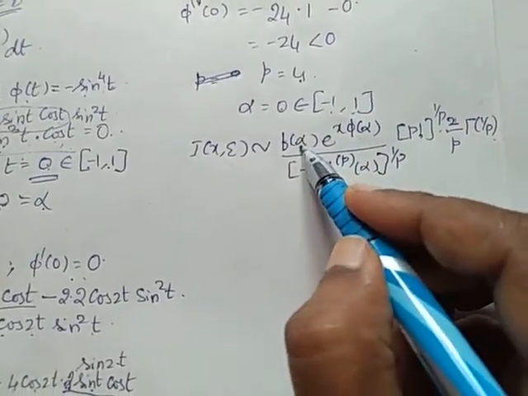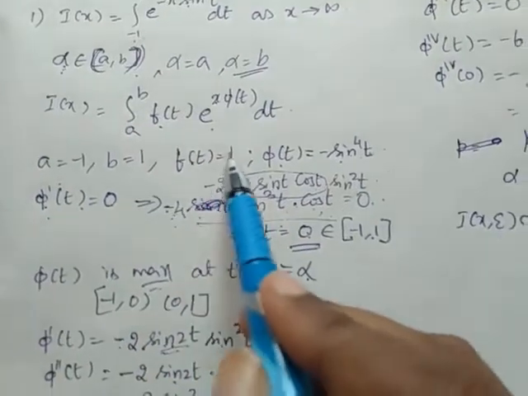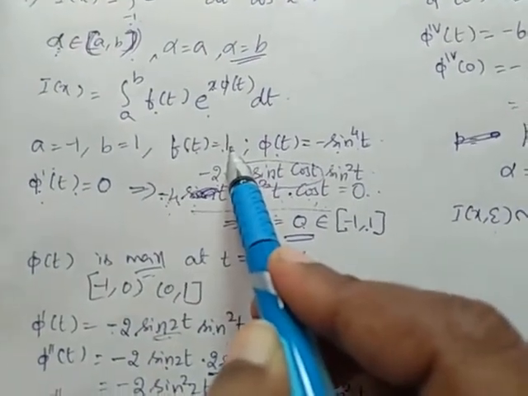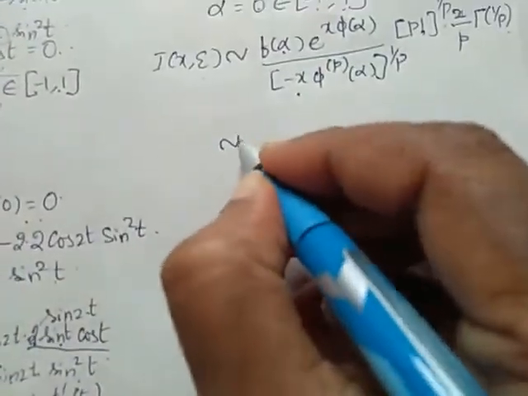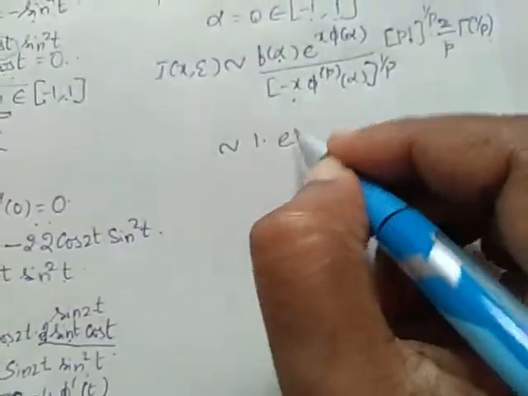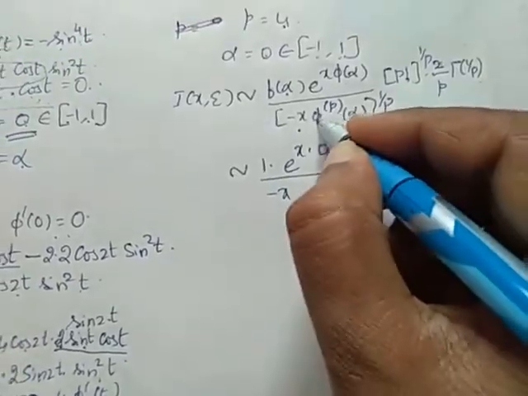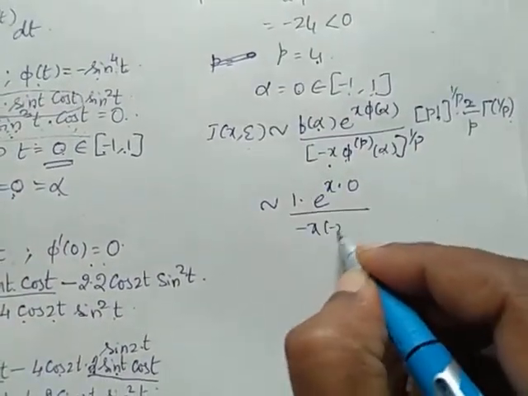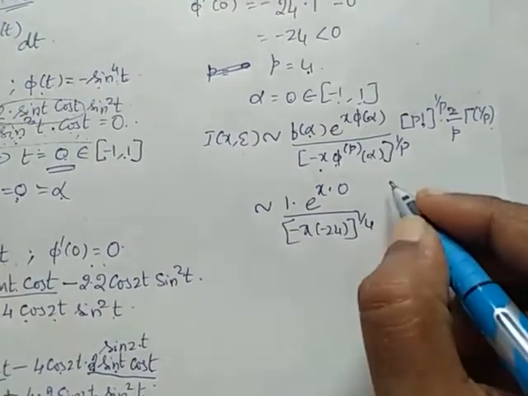F of 0 is 1 itself. See here we are having f of t is 1. When you substitute t equal to 0, again it is 1 itself. Phi of 0 is 0. Substitute all the values. 1 e power x into 0 by minus x. P is 4. Fourth derivative of 0 is minus 24, to the power 1 by 4.